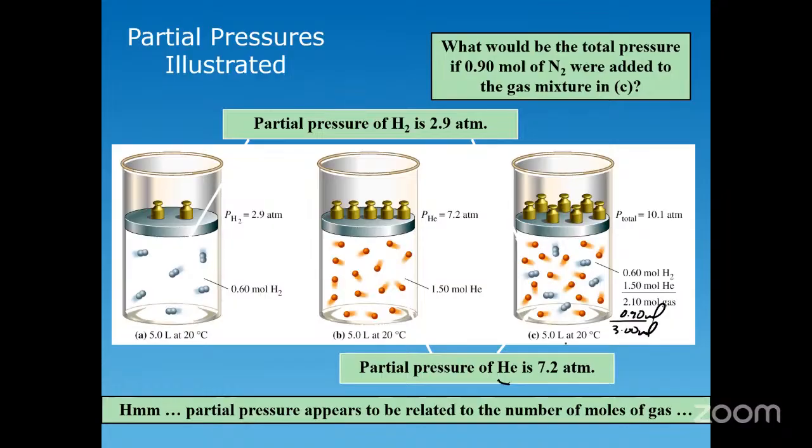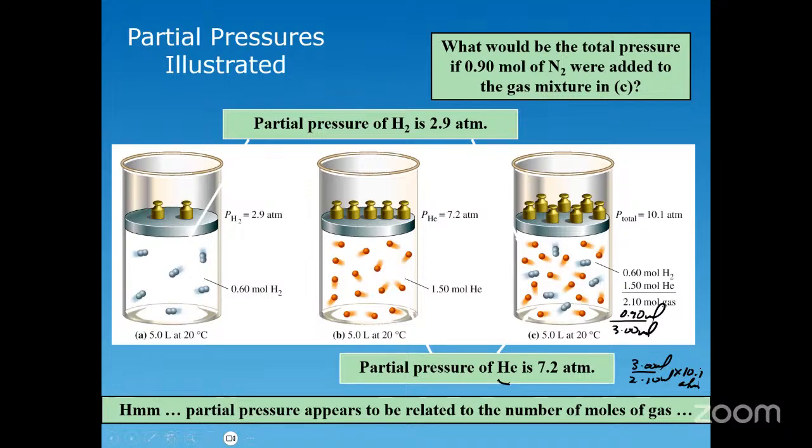One quick way of determining the total pressure would be using the ratio of the 3.00 moles to the 2.10 moles multiplied by 10.1 atmospheres.